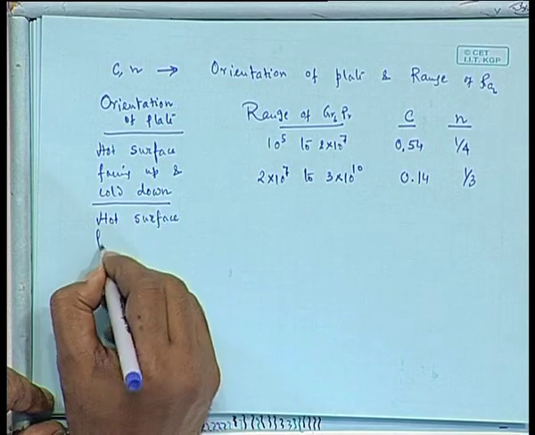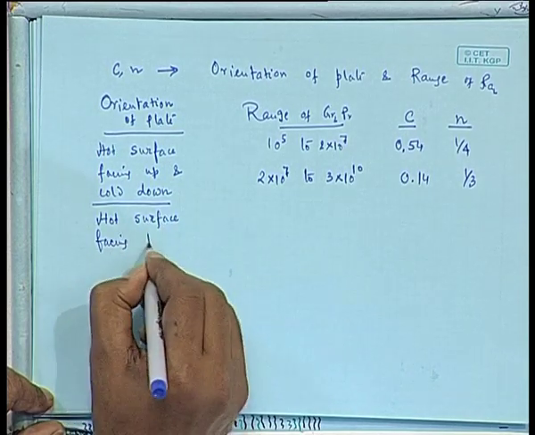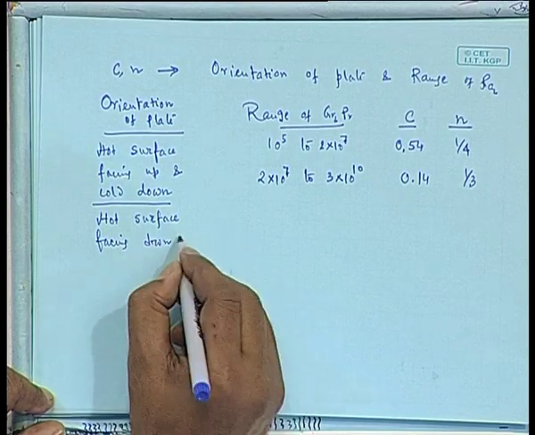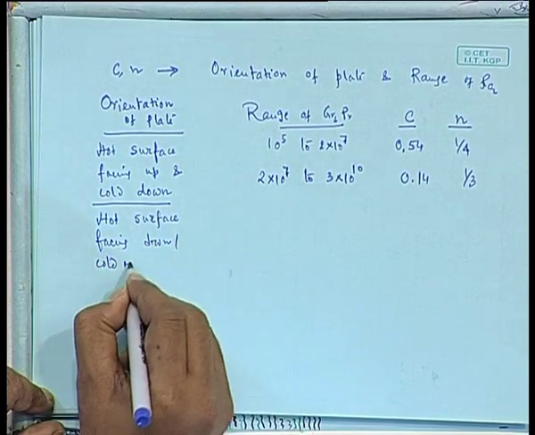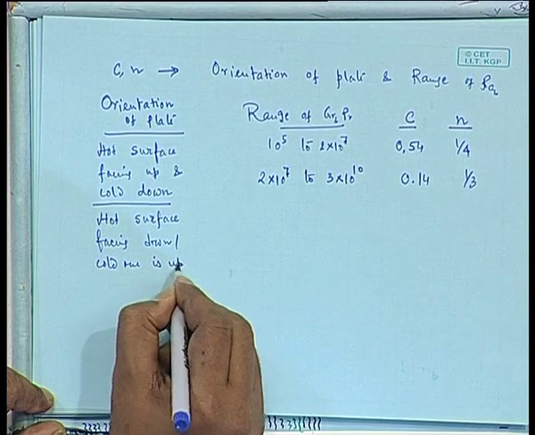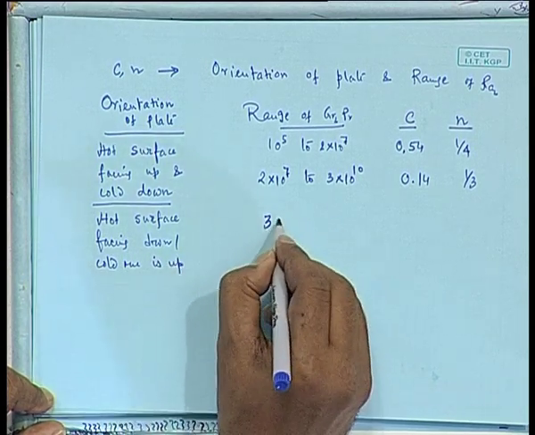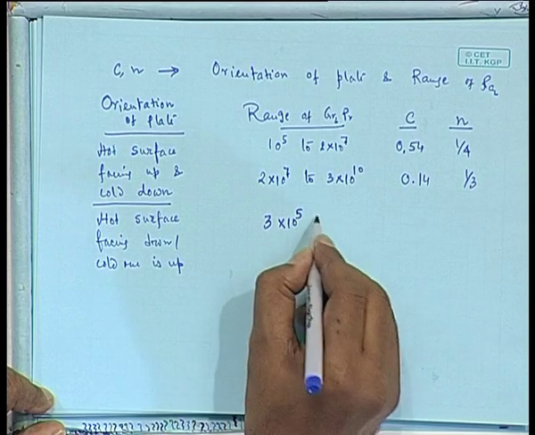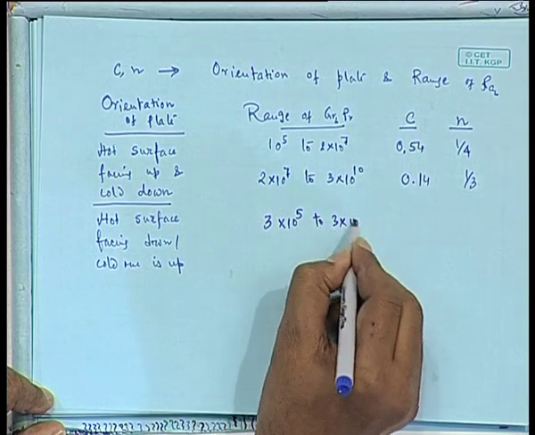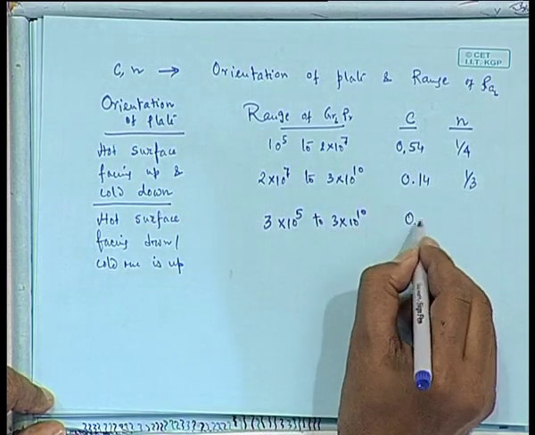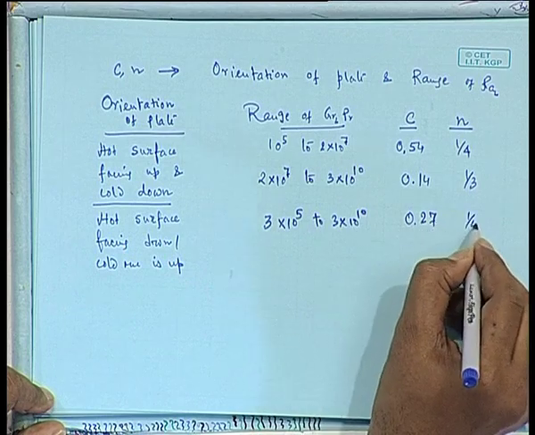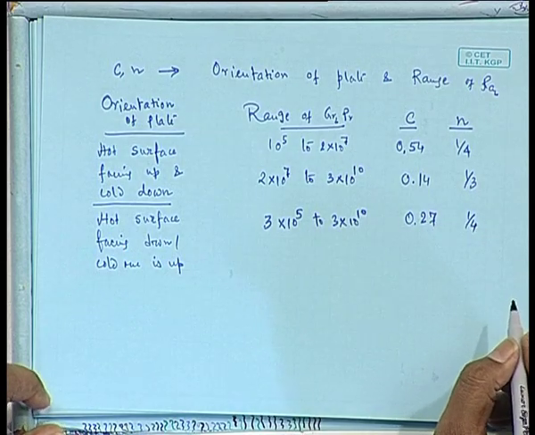Hot surface facing down, or cold one is up, 3 into 10 to the power 5 to 3 into 10 to the power 10, roughly 0.27 and 1 by 4. Okay.